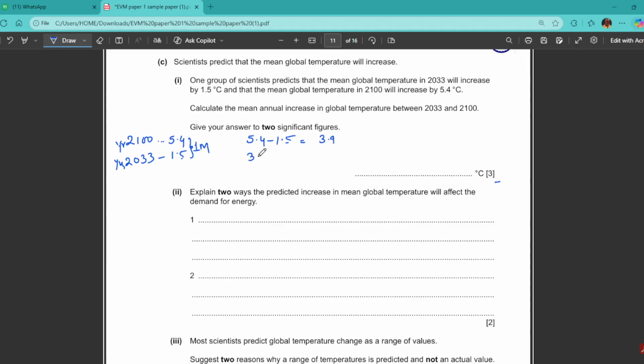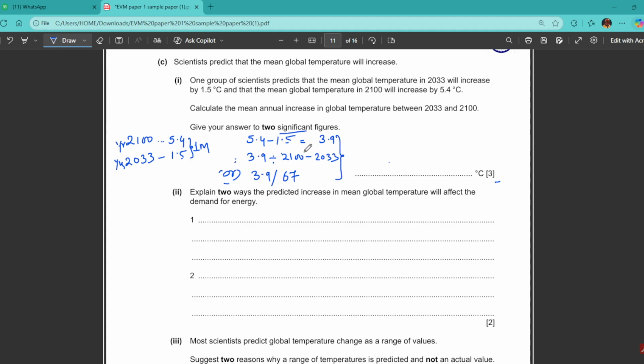Now 3.9 divided by the 2100 minus 2033, or I should write this one as 3.9 divided by 67, right? And your answer will be 2 significant figure.